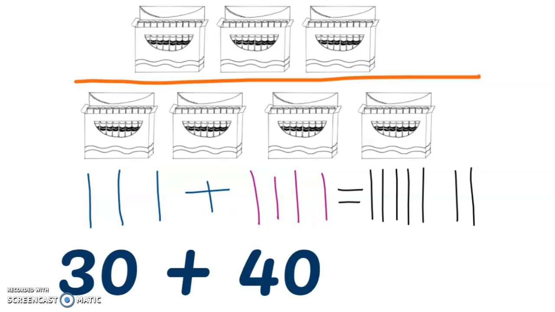Boom! Now I have 30 plus 40. And the very end of what I need to do is I need to tell you what 30 and 40 together is equal to. 30 plus 40 equals 70.